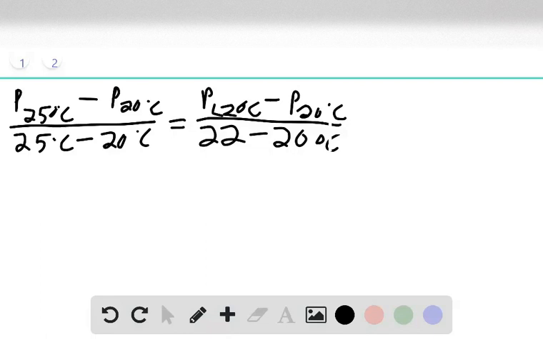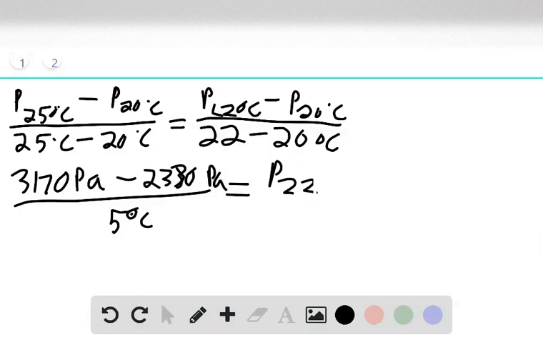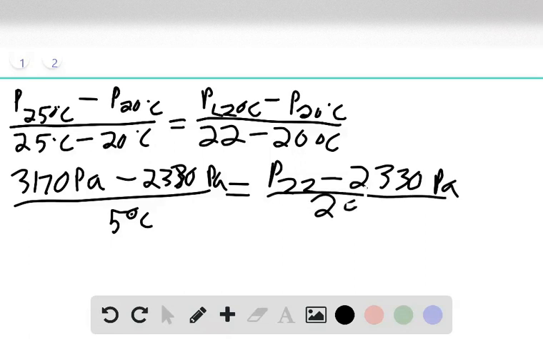Okay, so plug those values in. This is just using values from table 13.3. Minus 233.0. 25 minus 20 is just 5 degrees Celsius, equals P22, which is what we're looking for, minus 233.0 over 2 degrees Celsius.